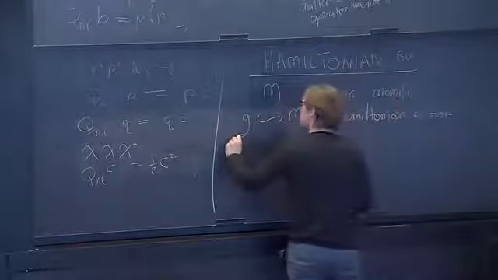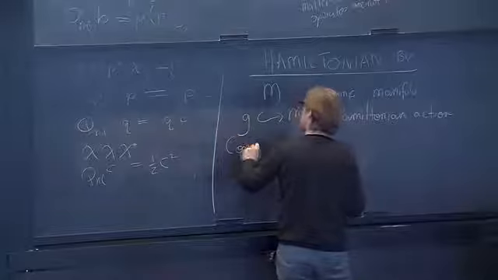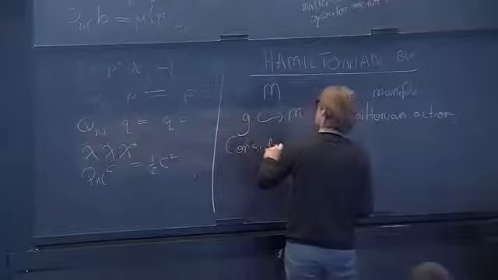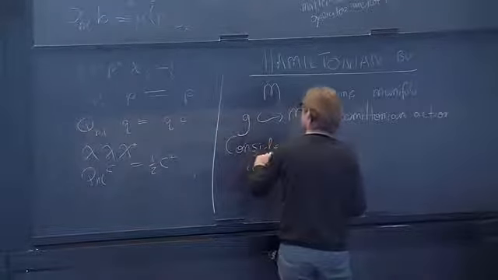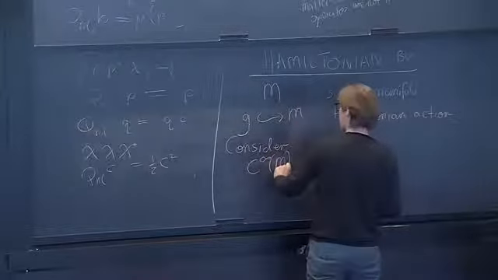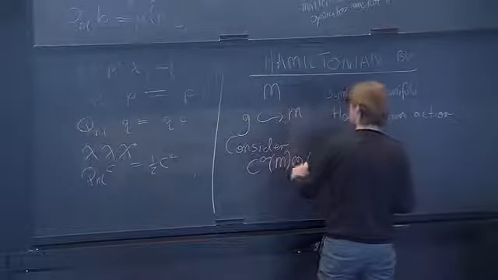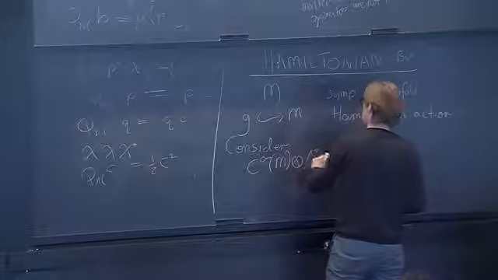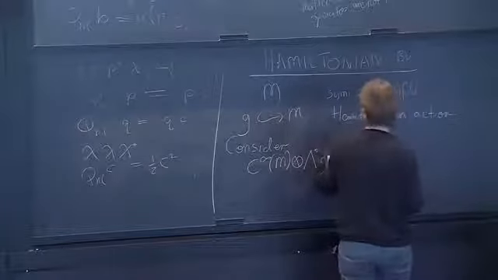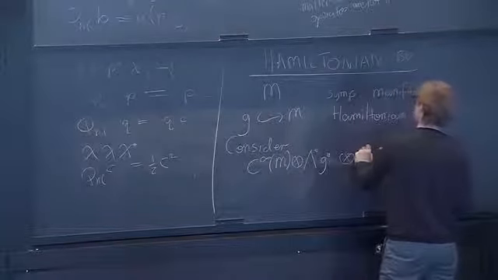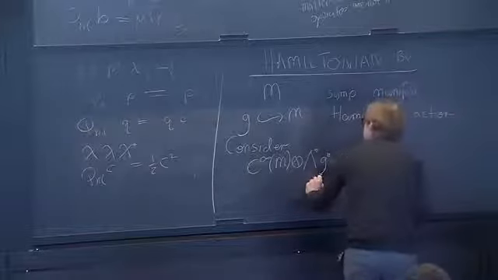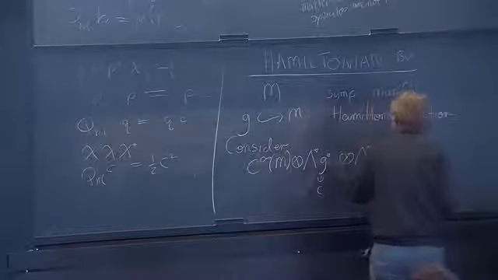Then we consider functions on M tensored with the exterior algebra of G star, tensored with the exterior algebra of G, where the generators are denoted by C and B.